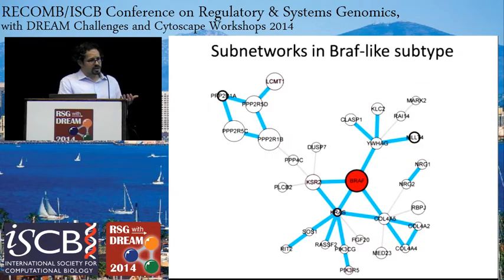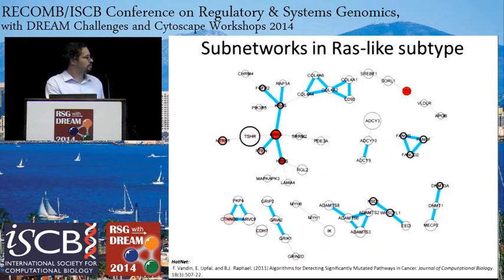And one of the nice things that we could do now is go into each one of these subtypes and ask what is the network, or what is the set of features, that distinguishes that type. Here we use the HotNet method from Ben Raphael, who is also a co-author in this paper. Together we come up with a network for the BRAF subtype and a network for the RAS subtype.